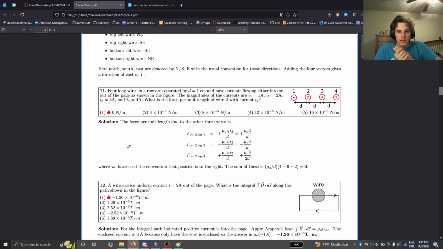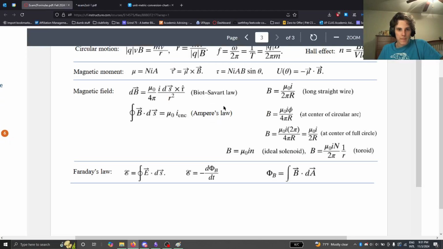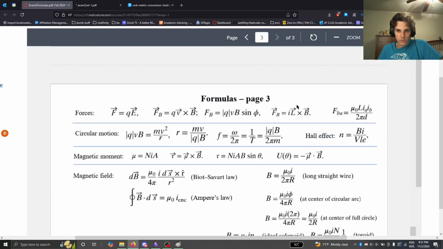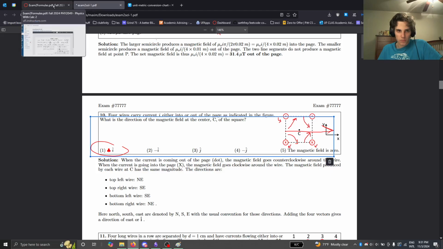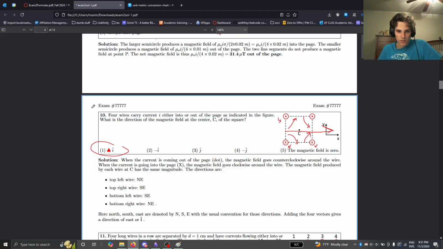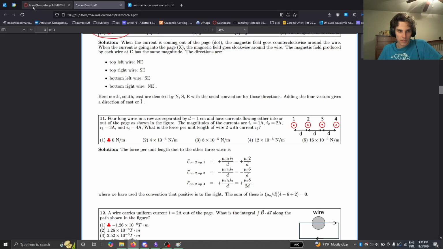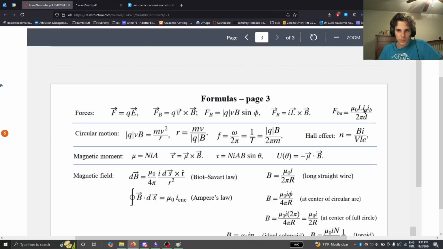All right, wires. We want to essentially figure out what force each wire has on wire 2. So in order to do that, we'll use this equation probably, because wire 2 does have an amperage. So mu naught over 2 pi. I said this in the last video, since mu naught is like 4 pi times 10 to the whatever, I just like to write this as 2.